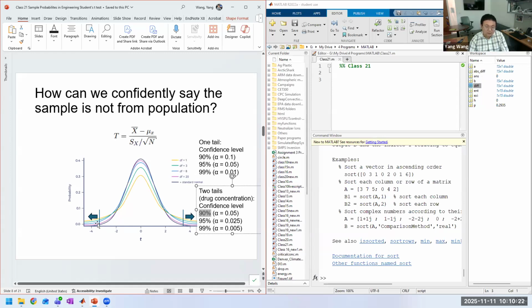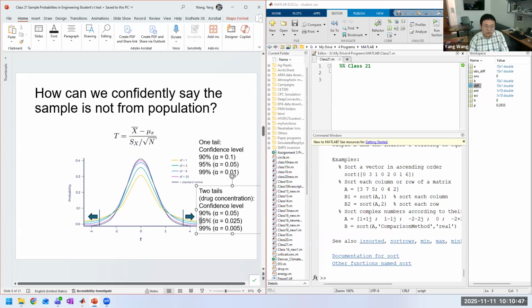The areas added up together represent 10%, 0.1, because now each of the probabilities represents 0.05. Right? And we also use this alpha to represent the area or the proportion below this curve or above this curve, right? So things are different for the one-tailed test and the two-tails test.